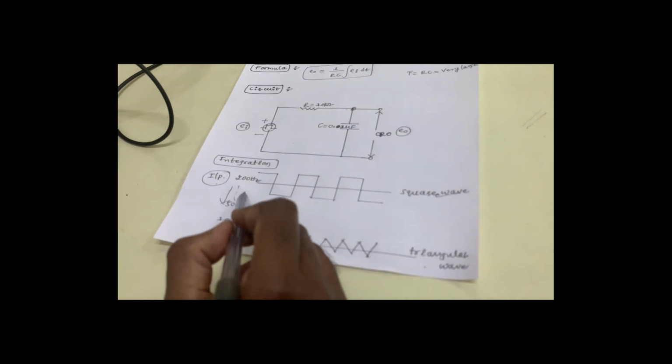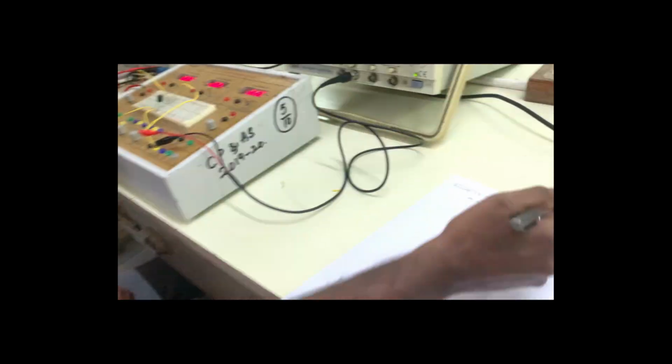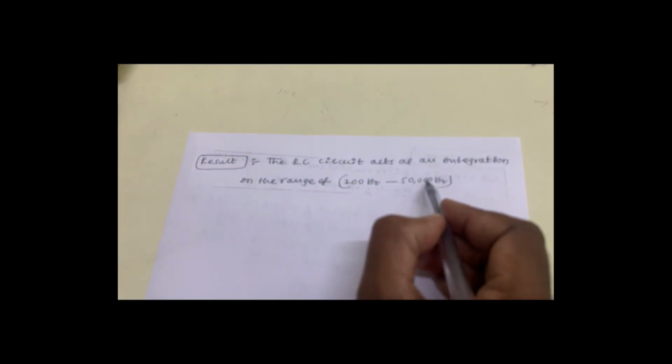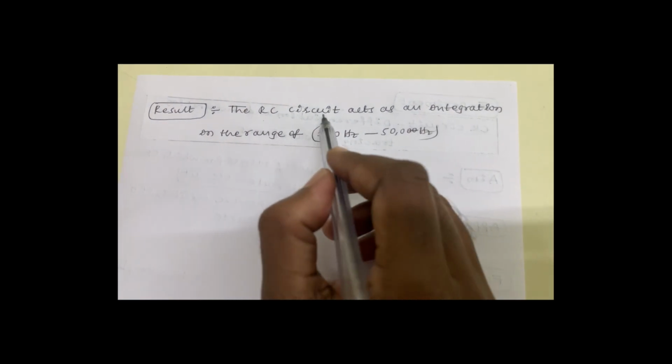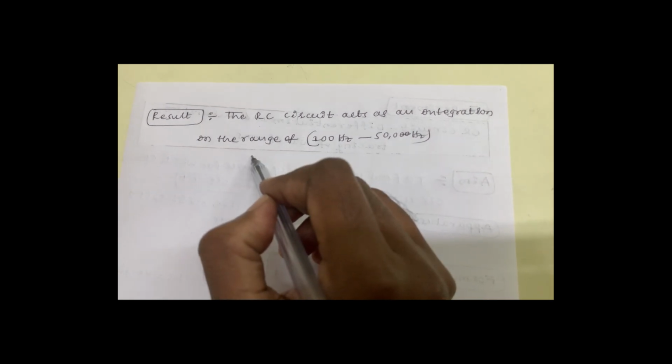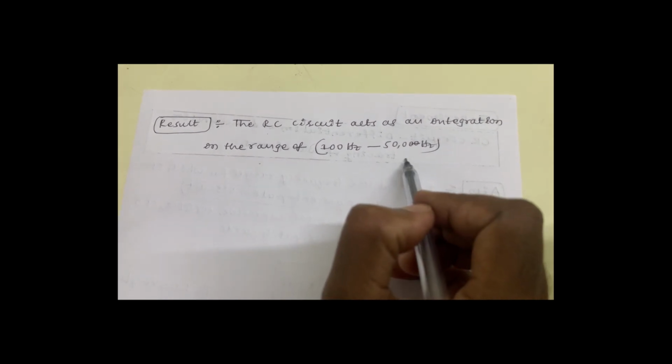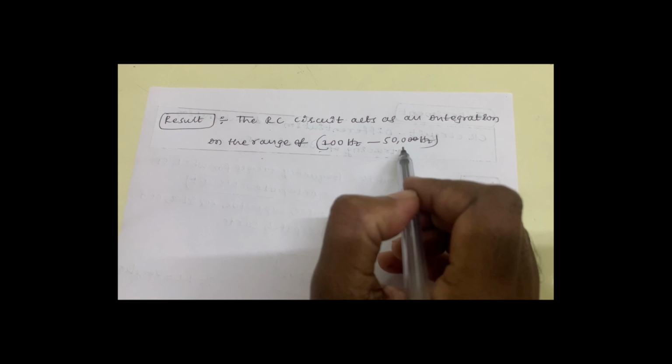We give a square input, and while changing the frequencies, 100, 200, 300, 400, 500 and so on, it comes within a range. Only in the range of 100 to 500 Hz do we get integration: the RC circuit acts as an integrator in the range of 100 to 500 Hz.